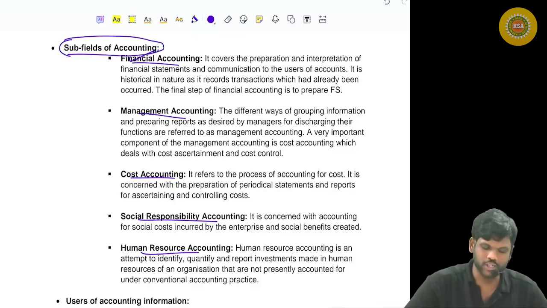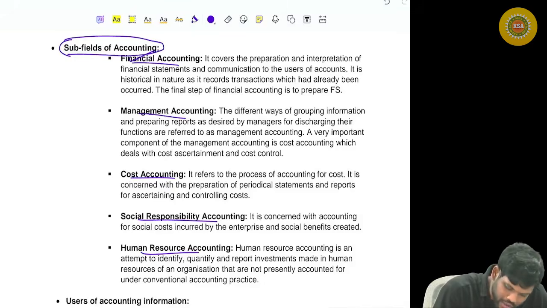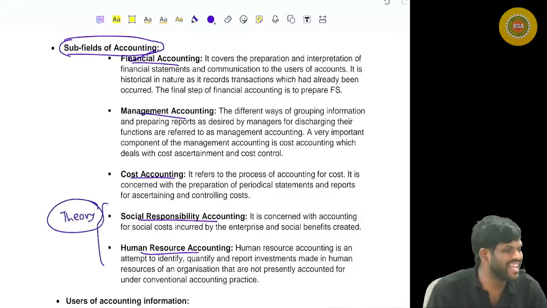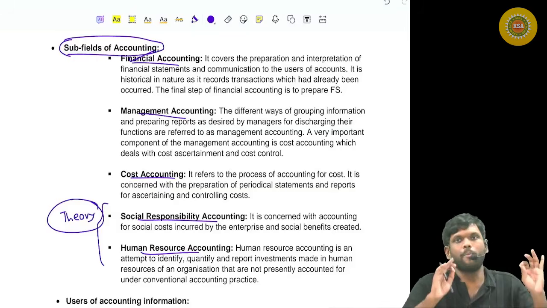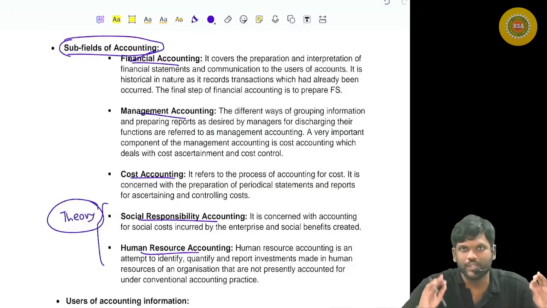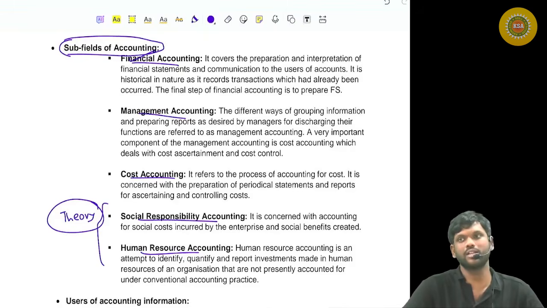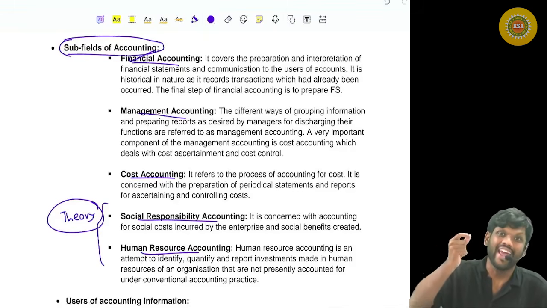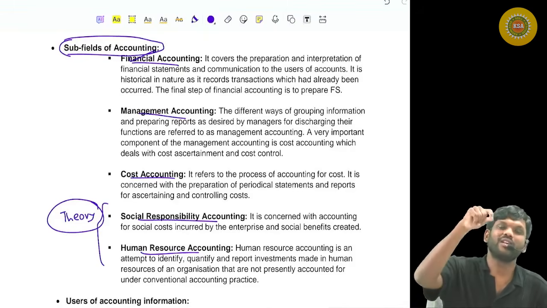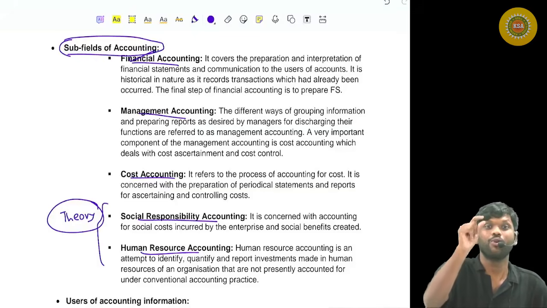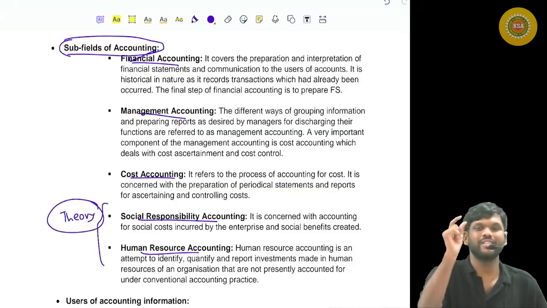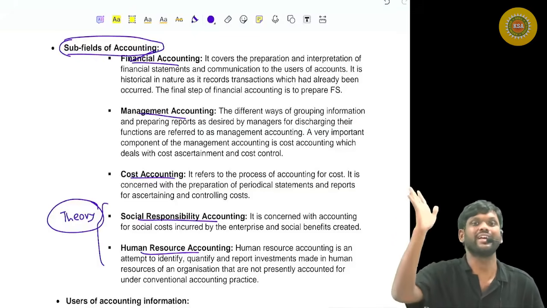And then there is social responsibility accounting and human resource accounting. These two right now exist only in theory. There is no practical application of these two yet. Sir, what is social responsibility accounting? Social responsibility accounting aims to account in the books of accounts your positives as well as negatives on the society front.